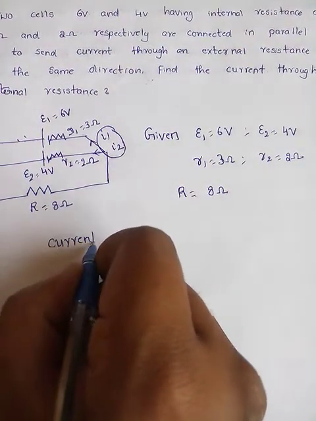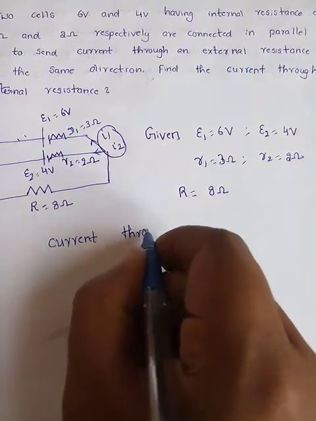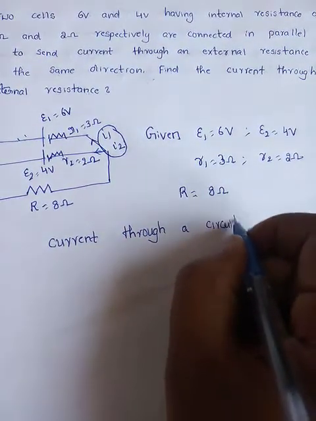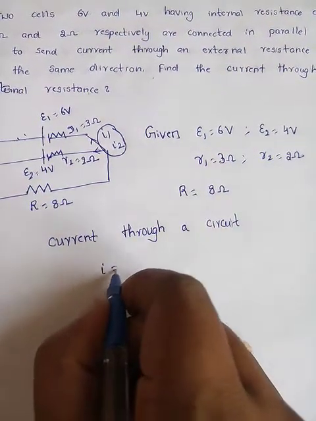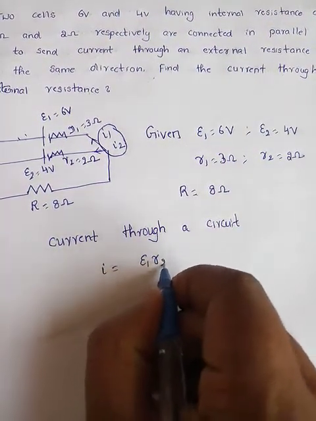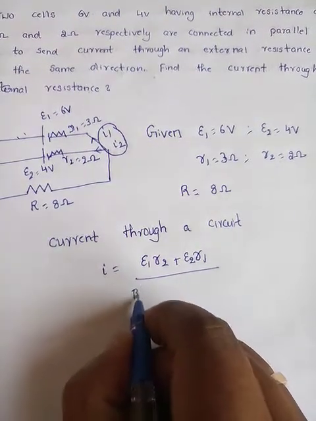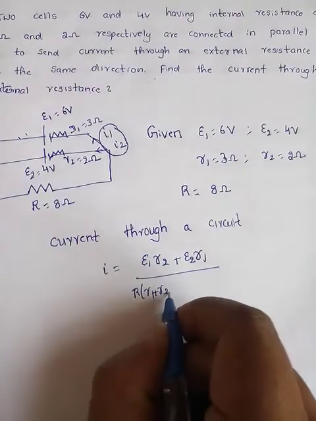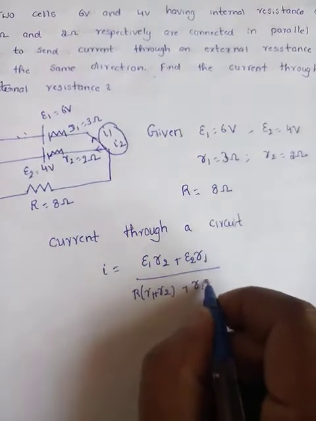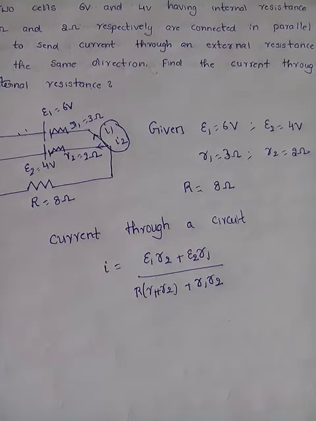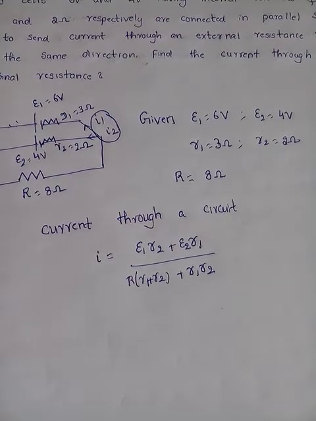Current through a circuit when cells are in parallel, what is the formula? We derived I equals (E1 R2 plus E2 R1) by (R into (R1 plus R2) plus R1 R2). So, this is the formula that we have derived for cells in parallel.